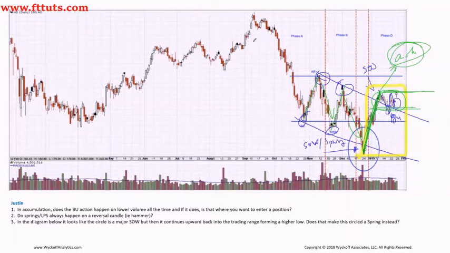Change of character from what? Well, we've been in a downtrending environment, even with lower highs and lower lows going into a potential spring. We're still in the downtrend by definition, although this looks already like a consolidation. So this is a change of character on the way out.